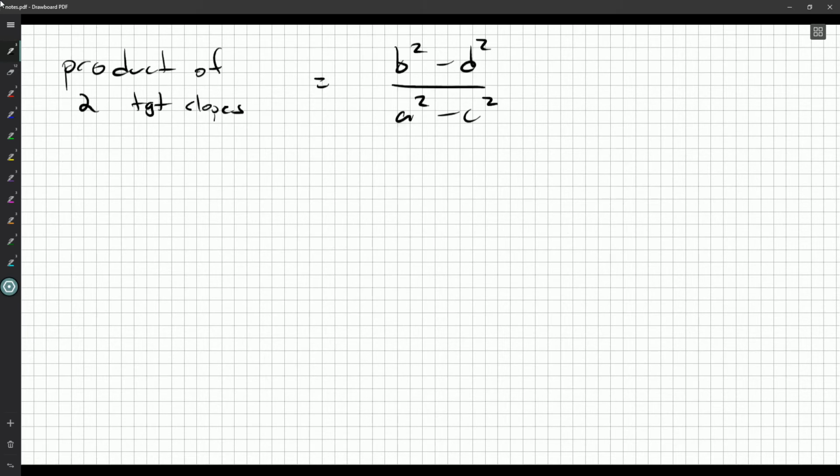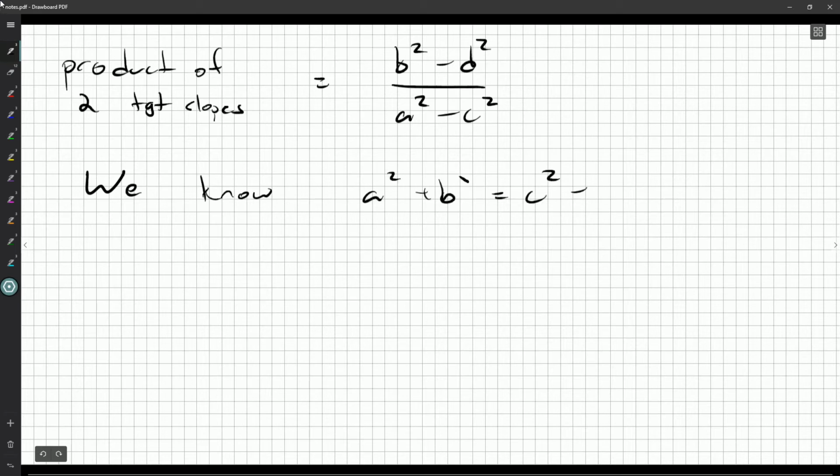But is it? We don't know a, b, we don't know c, d. We know C, D is on the circle. So I think we said at the start, we know a squared plus b squared is the same as c squared plus d squared. So bring the c squared over to this side, bring the b squared over to this side, and take out a minus sign.